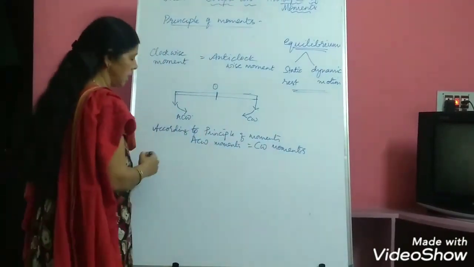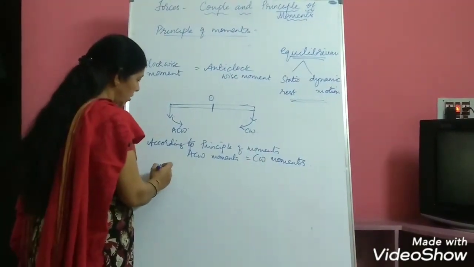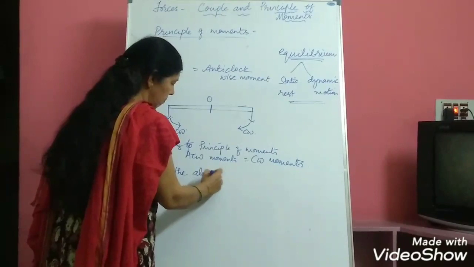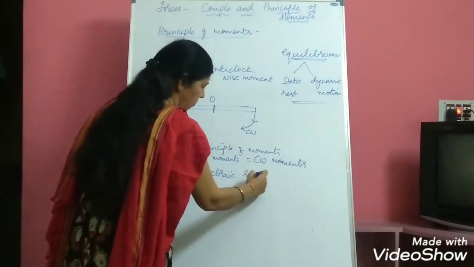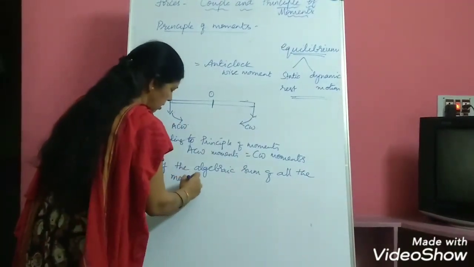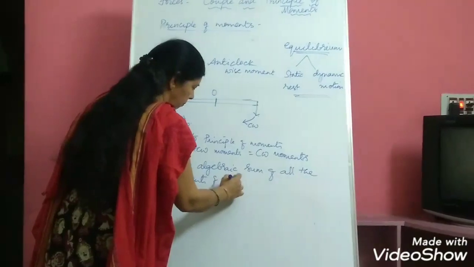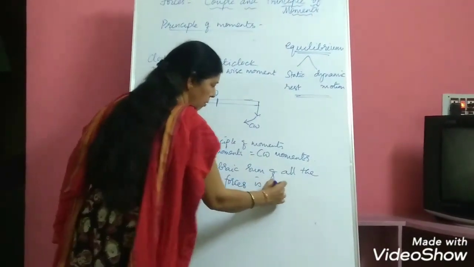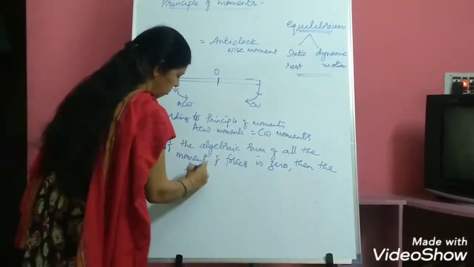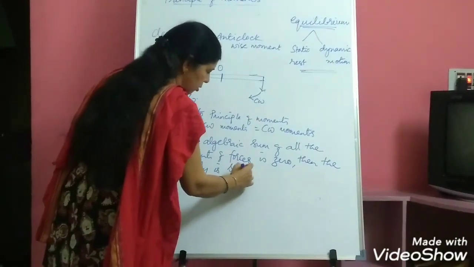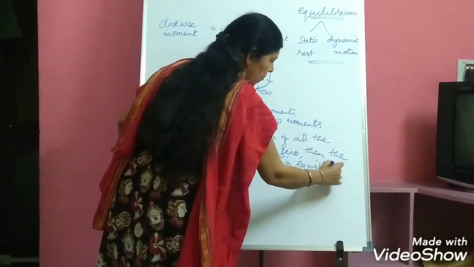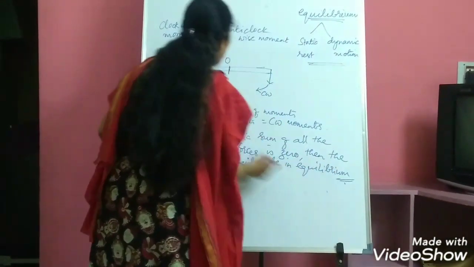Or you can even state it as, if the algebraic sum of all the moments of forces is 0, then the body is said to be in equilibrium. So this is the principle of moments.